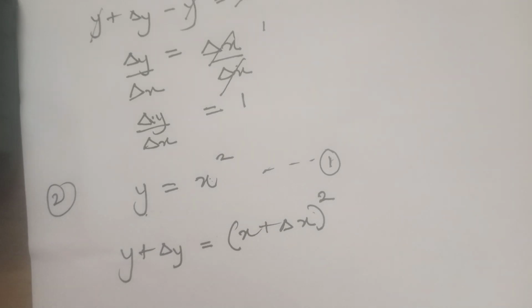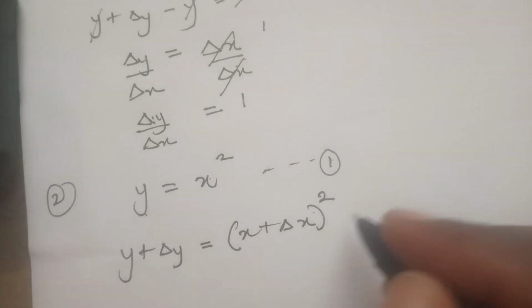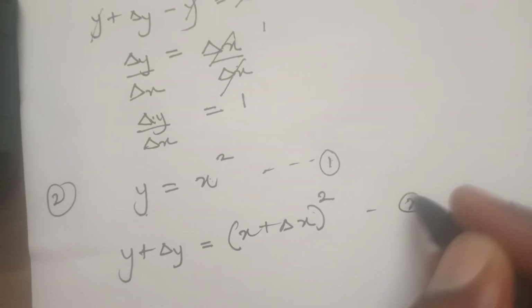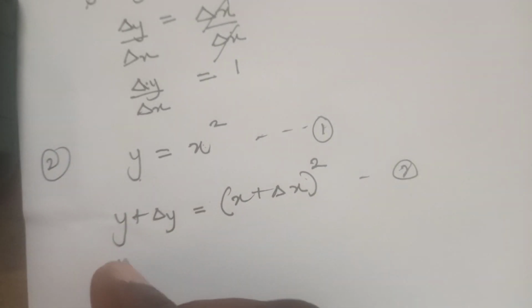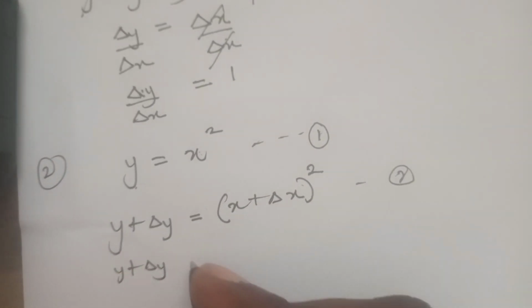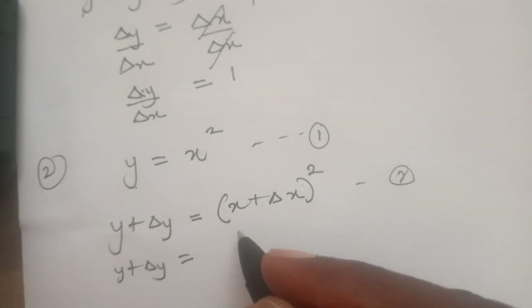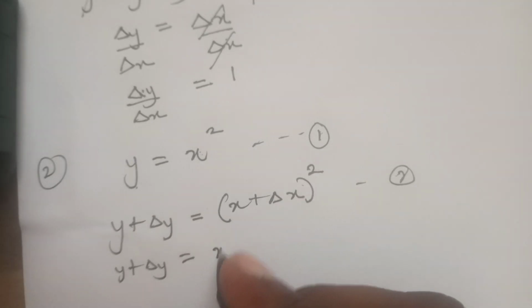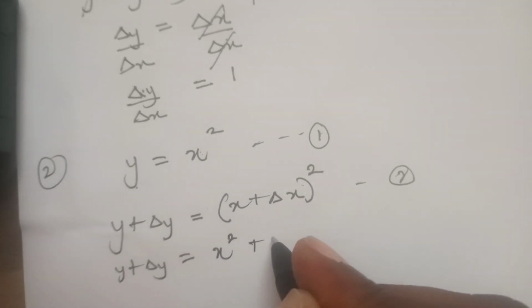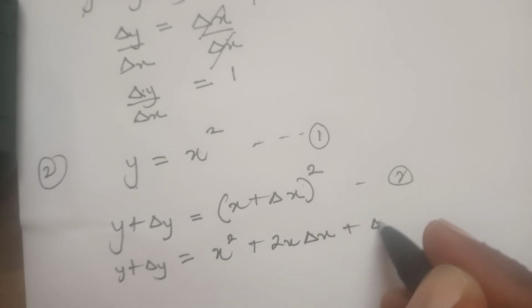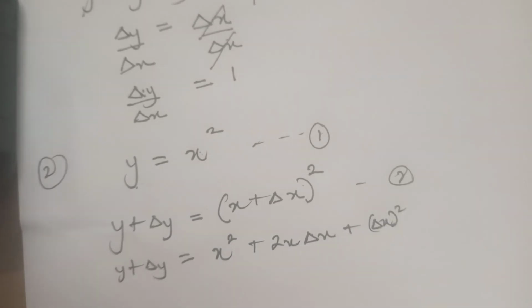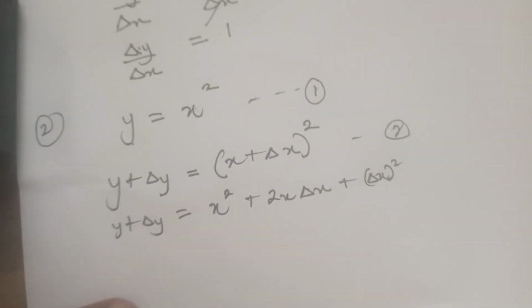All right, so before we go into equation 2, let's try and open the brackets here. So y plus delta y equals, when we expand this, we're going to have x all squared plus 2x delta x plus delta x all squared. All right, so we're going to have that.